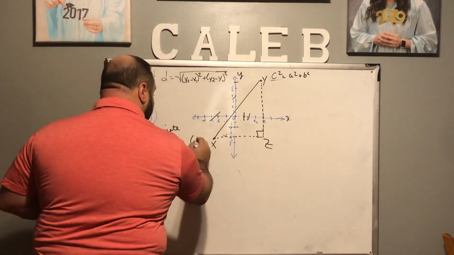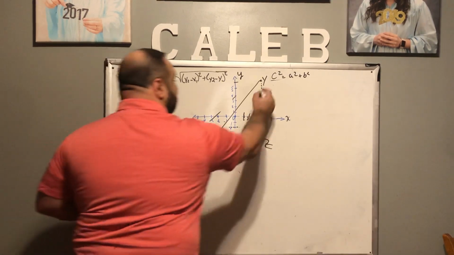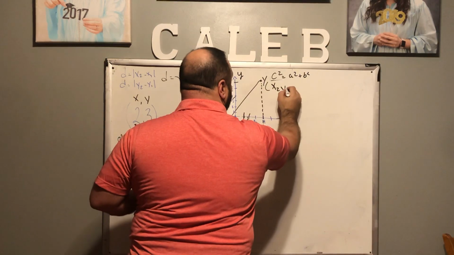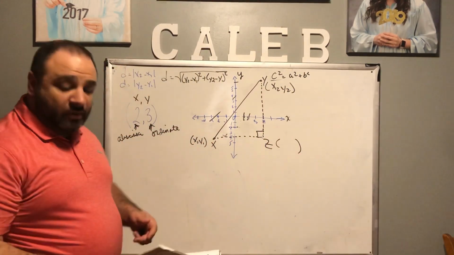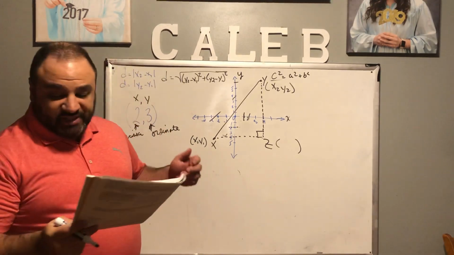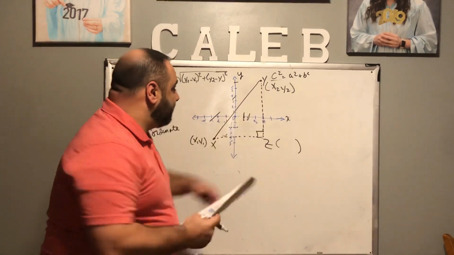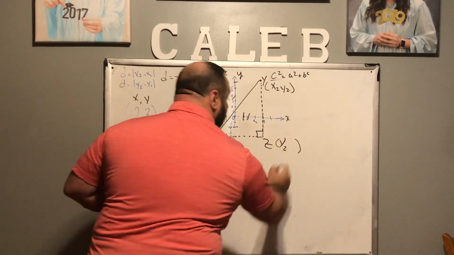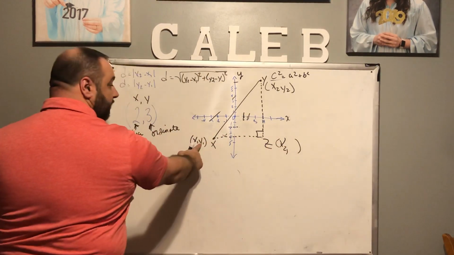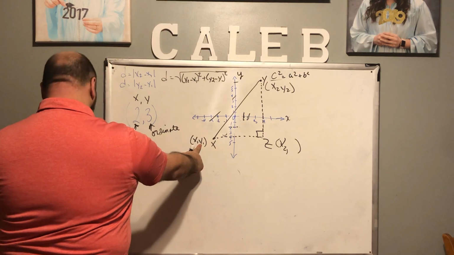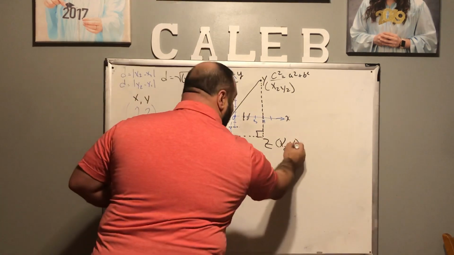Since this is our first term here, x1, y1. This is our second term, so x2, y2. And then the coordinates for z, again, will be the abscissa from y, so x2, and our ordinate would be from the first term here, which would be y1.